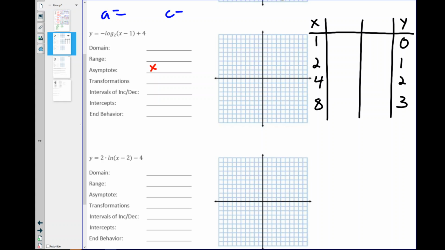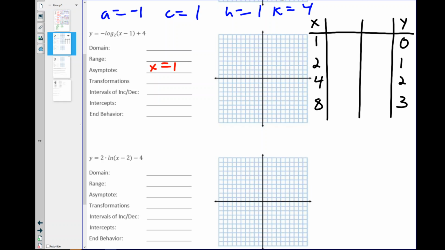A, C, H, K. What's A here? -1, good. What's C? 1. What's H? What's K? Good. So where's the asymptote going to be? X equals 1, because it's at H. We're doing the second one.